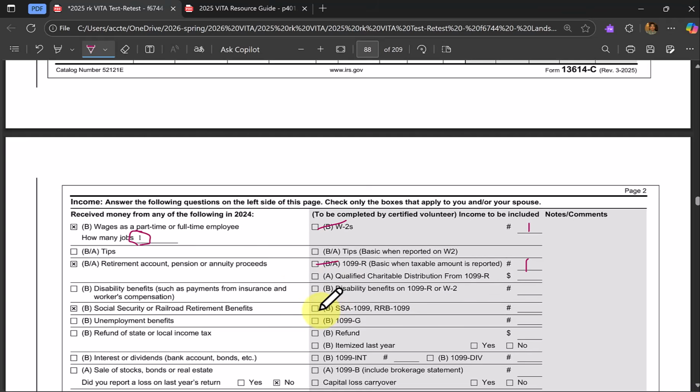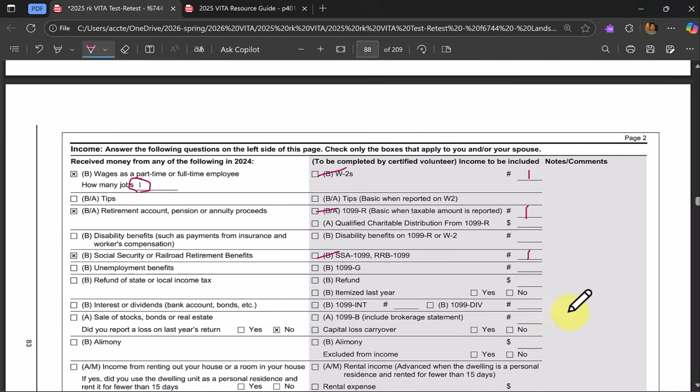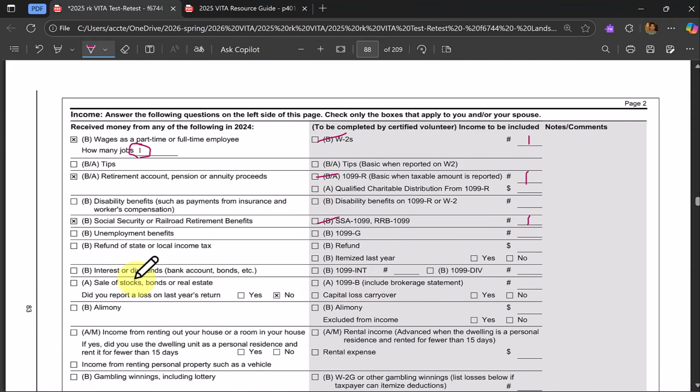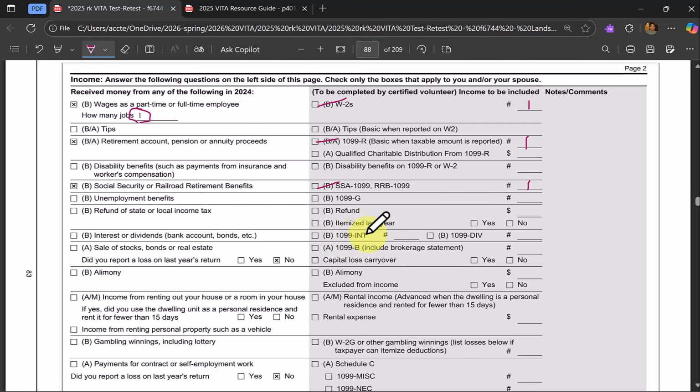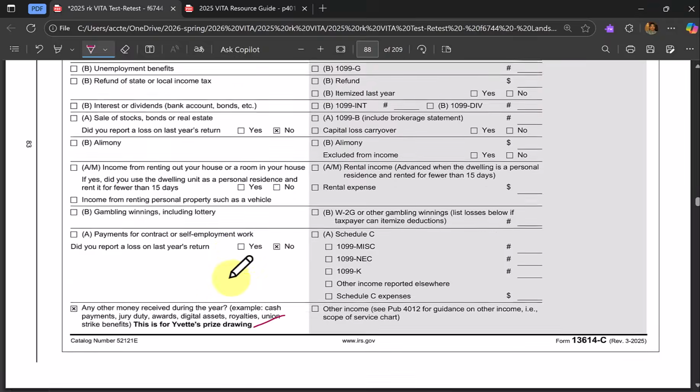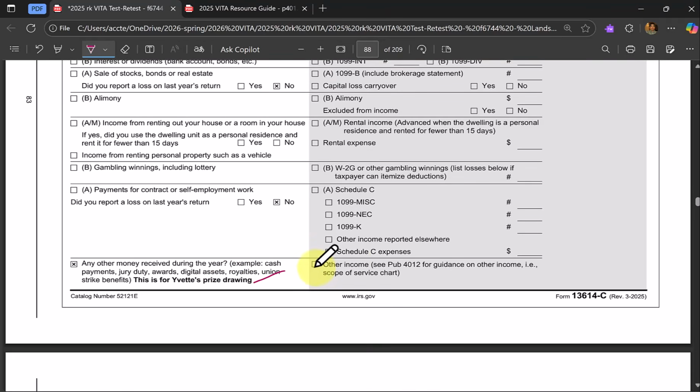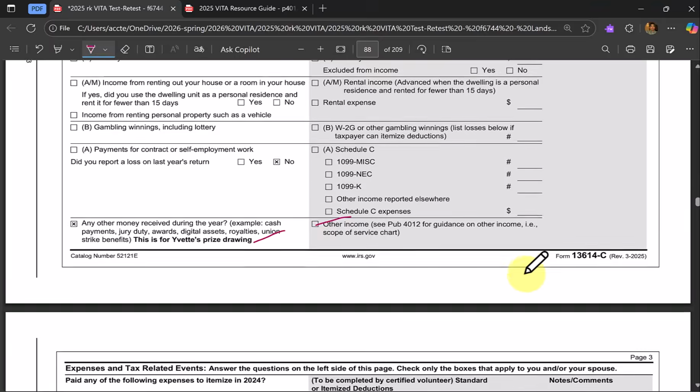Social Security, we had the SSA 1099 form for Yvette. We would ask them any other income they have, maybe interest from a bank account. Could be as small as $1. We still would need to report it. They're not showing us any tax forms for interest or dividend or investments. Here's that prize income, yeah? And again, I would note it here. You have $500 of prize income.